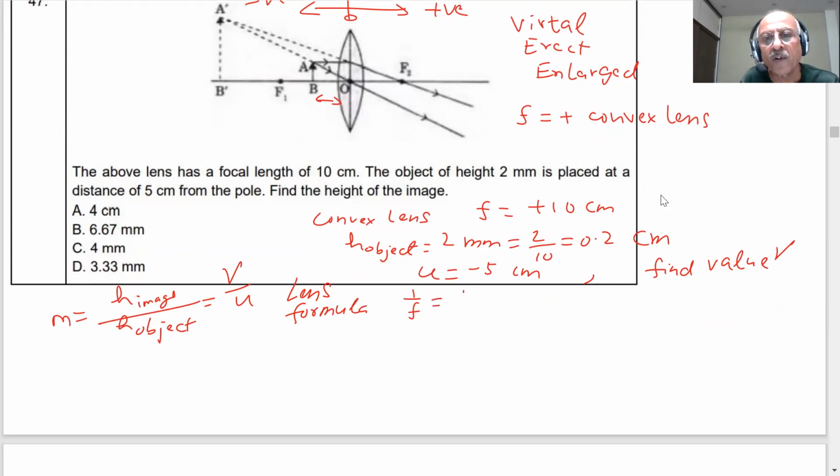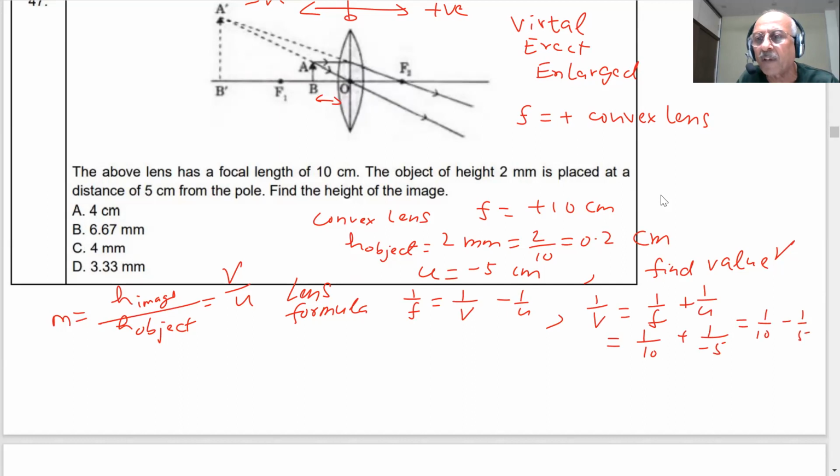The lens formula is 1 by F equals 1 by V minus 1 by U. Therefore, 1 by V equals 1 by F plus 1 by U. F is 10 centimeters and U is minus 5 centimeters. So it becomes 1 by 10 minus 1 by 5.